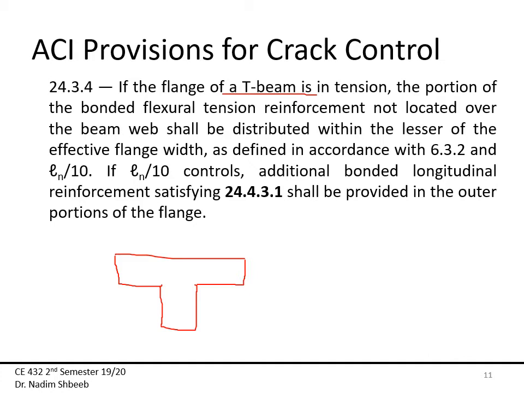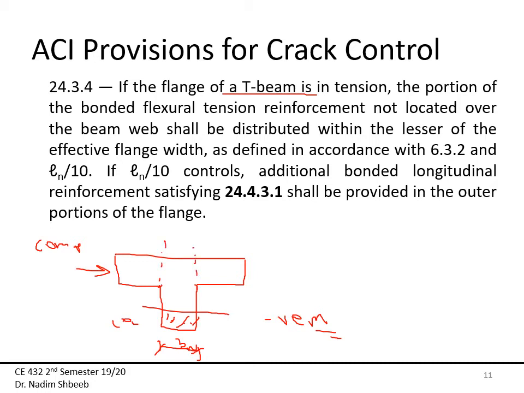this area is in compression and my steel is here in the bottom, all right, then I usually don't have any problem with dealing with spacing. But what happens if this is part of a continuous beam or continuous slab, then we will have, when we go to the negative moment, negative M, then this now will be your compression face, and this now will be under tension, the whole part.